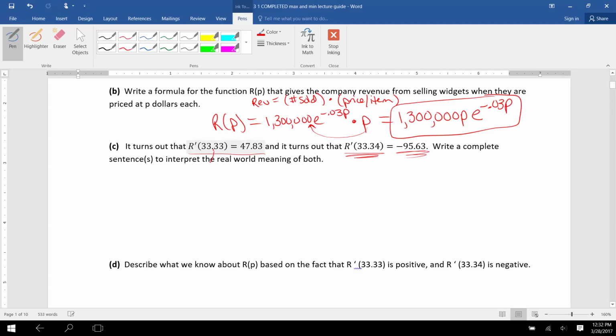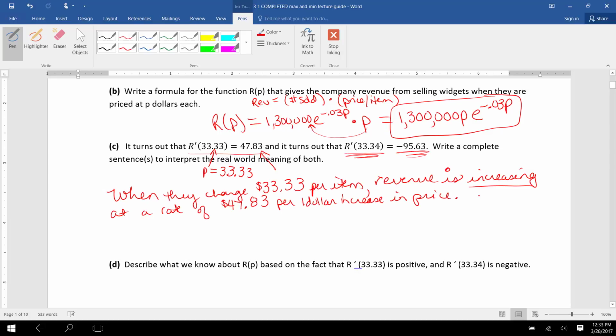So remember, we're inputting in this function P, and that's price, 33.33, and it's outputting revenue. So they're saying when charging $33.33 per item, revenue is increasing at a rate of $47.83 revenue per $1 increase in price.